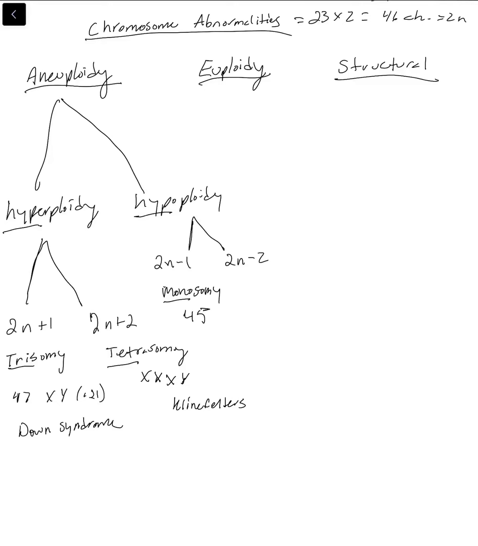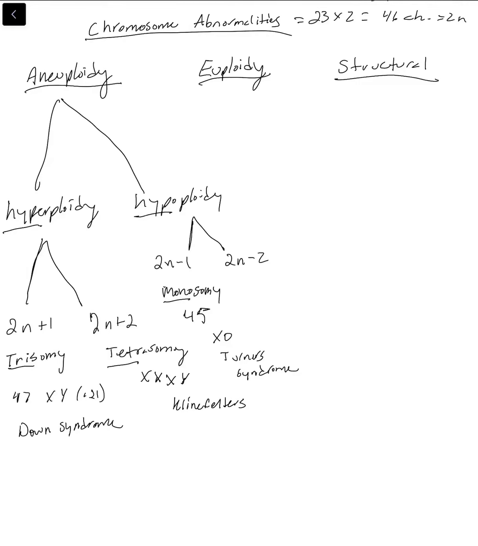If survived, a common genetic disorder seen would be Turner syndrome. Turner syndrome is genotypically female. Phenotypically female, they'll usually have a webbed neck and short stature, and they will be infertile. And this is 2n, once again 46 chromosomes minus 1, so they have 45 chromosomes.